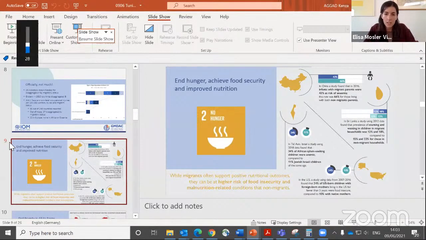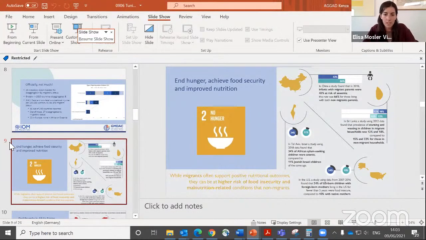And this is interesting because the study disaggregated not only by where the mother was born, whether it was the US or not, but it also looked further, and disaggregated by how long the mothers had lived in the US if they had not been born there.